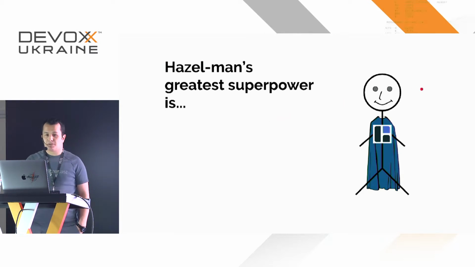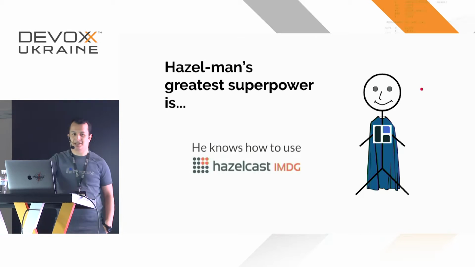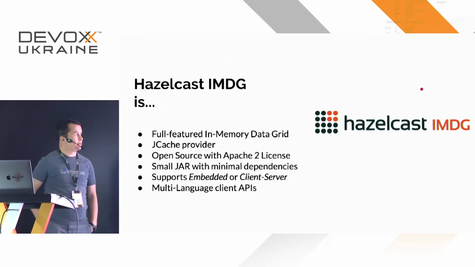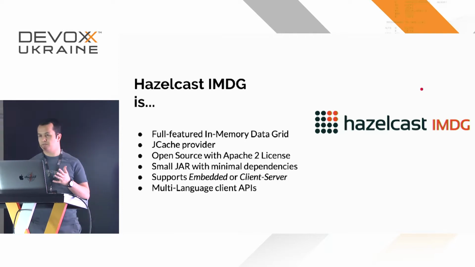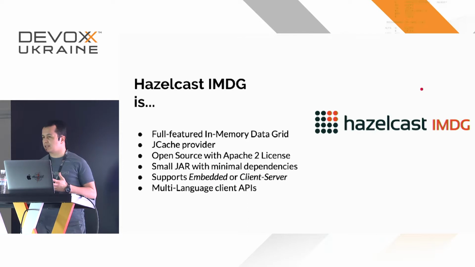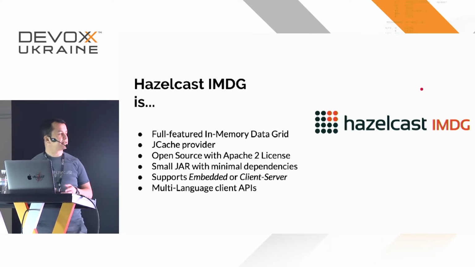Hazel-man's greatest superpower is that he knows how to use Hazelcast IMDG. So what's Hazelcast IMDG? Actually, it's a full-featured in-memory data grid. We can say it's an in-memory data platform. It provides lots of in-memory data structures, such as maps, queues, lists, topics, and other things.